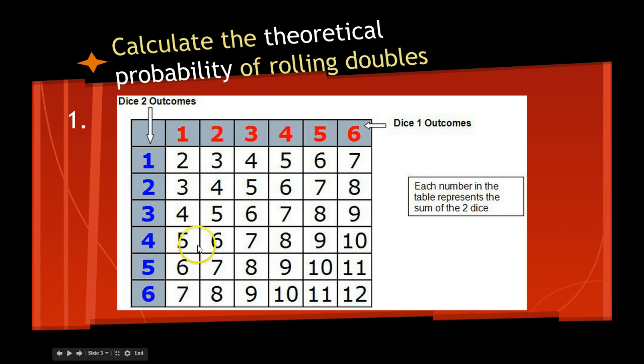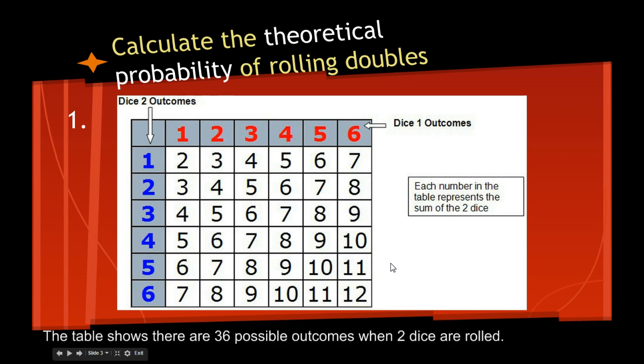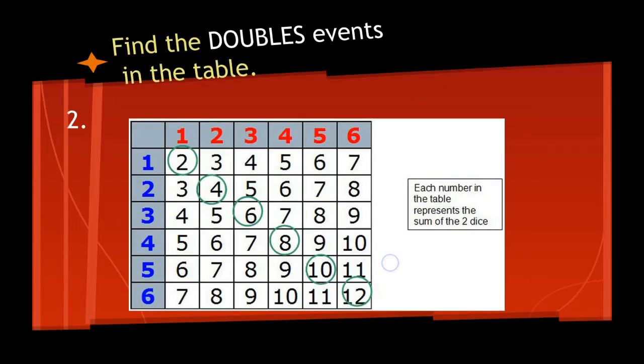And each number in the table is going to represent the sum of two dice. What this table shows us is that there are 36 outcomes when we roll two dice. Now, let's find the double events in that particular table, and we find that there are 6 doubles every time you have an intersection of the same number, so 1, 1, 2, 2, and so on.